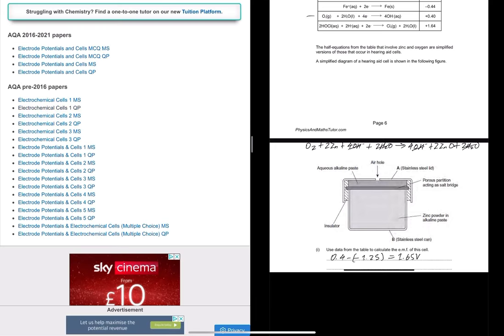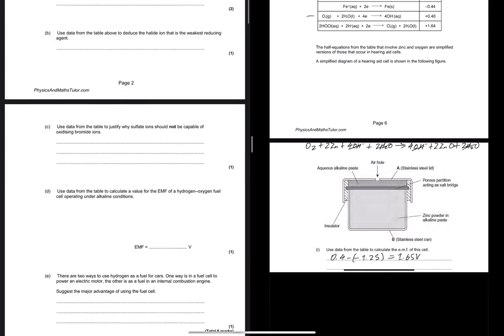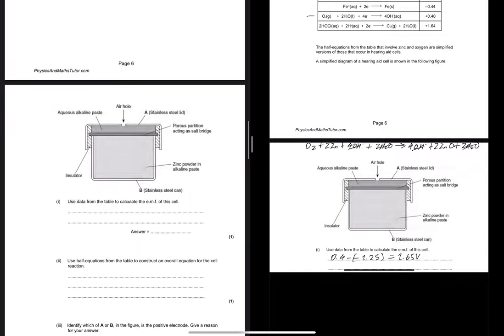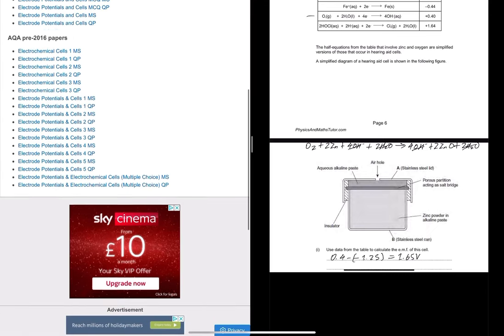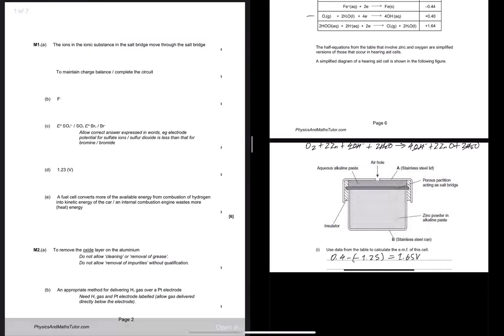Sorry, I was trying to find where I got this question from. Oh, here it is. I sound like I'm just being blind. What's this now? Was this question 1? Was this paper 1? Mark scheme? Yes.